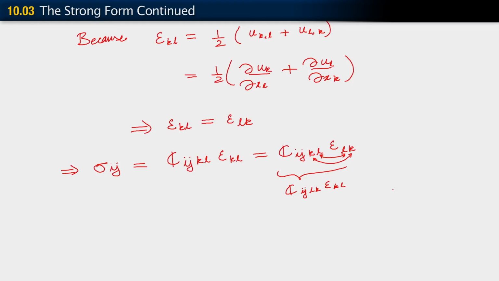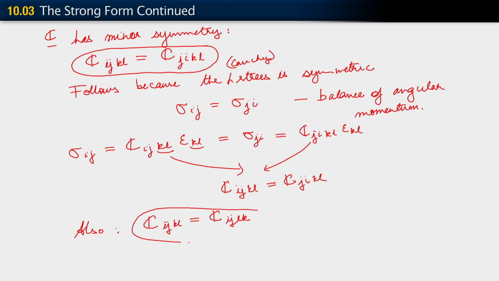All I've done there is to switch the position of the k and l indices. It doesn't matter because they're dummy indices and they're being contracted out anyway. But then if you compare this and that, it implies that C ijkl equals C ijlk, which is what we'd set out to prove for the second of our minor symmetries.